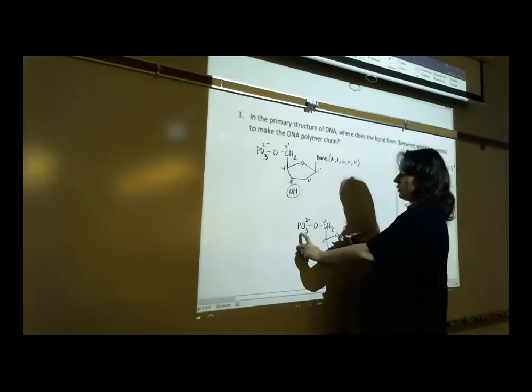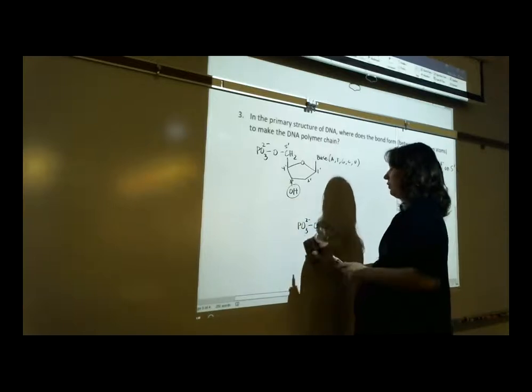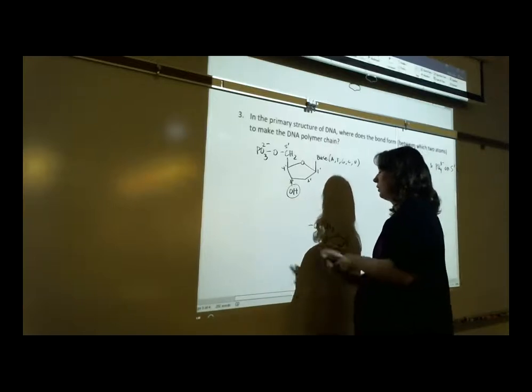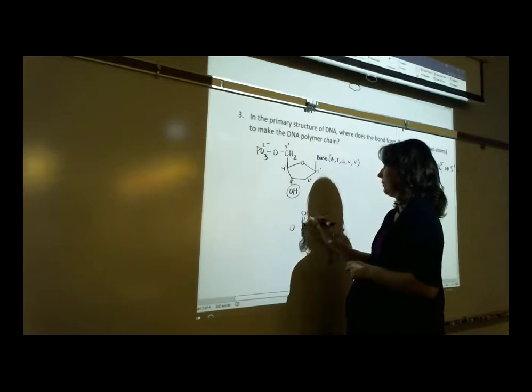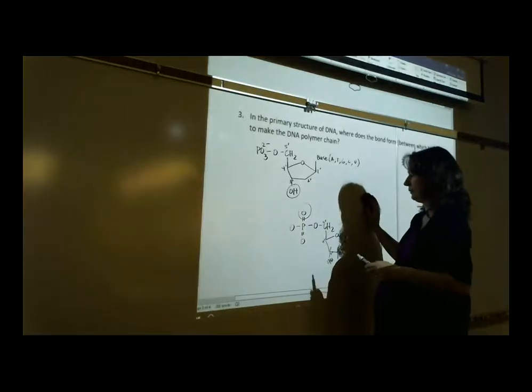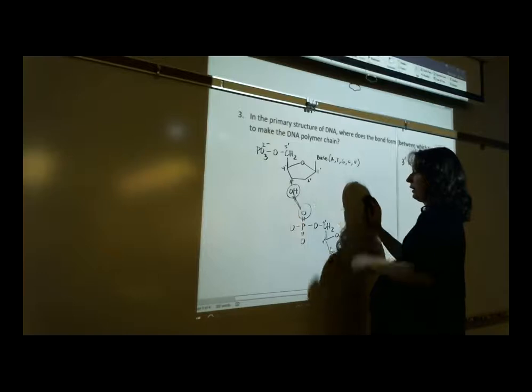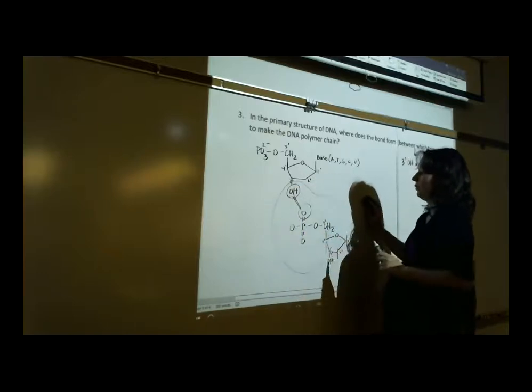So it's between this phosphate and this OH. So if you actually draw the phosphate out, think back to your Gen Chem days, that's where you're getting the bond. Okay, so the phosphodiester bond is occurring right here. This whole thing collectively will be the phosphodiester bond.